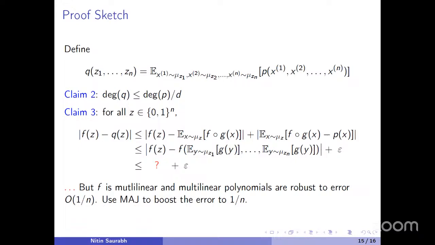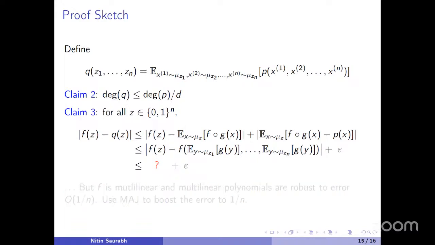So what you naturally do is you use majority to boost this to 1 by n, right? So you plug in the majority, redefine your linear operator, work out the proof, everything will go through, right? So that's it.